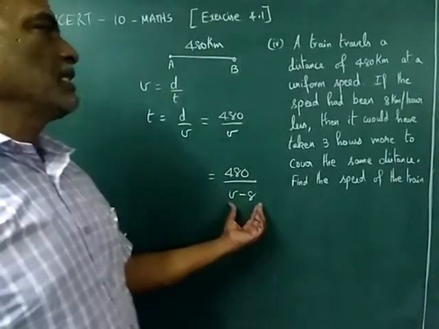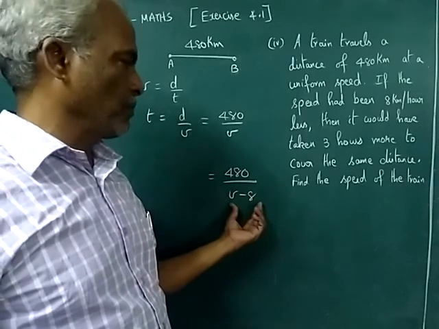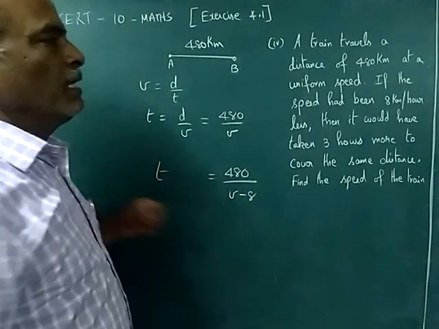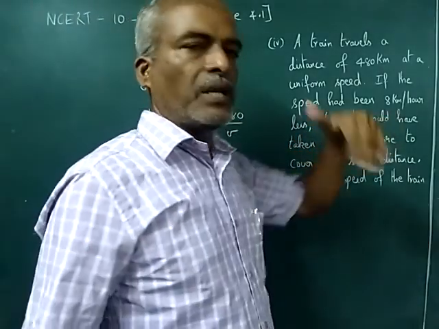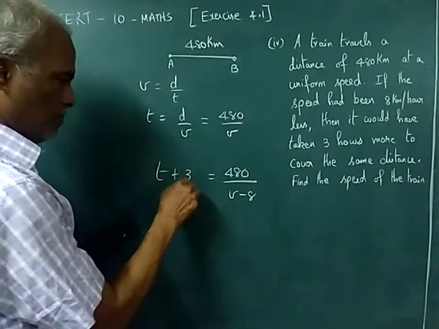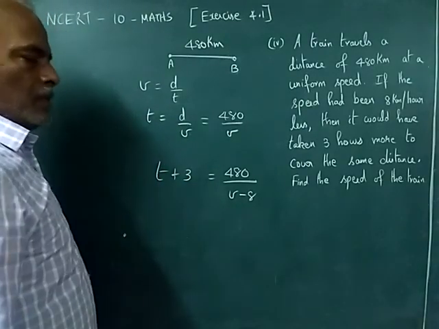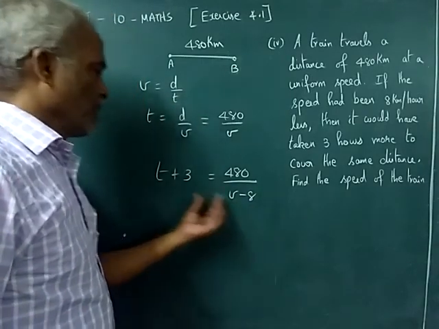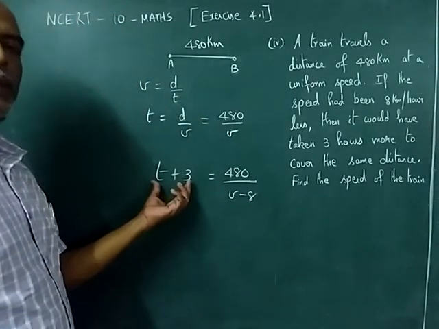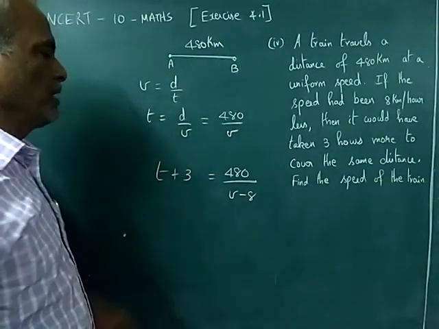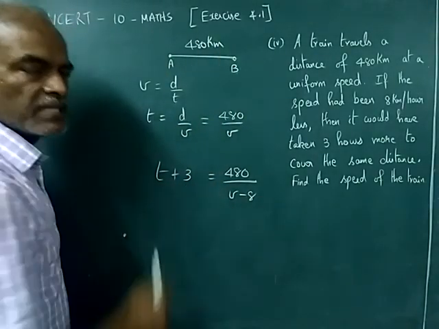So what happens to the time? It would have taken 3 hours more to cover the same distance. That means plus 3. So if the velocity is decreased, the time taken to cover a distance of 480 kilometers is additionally 3 hours.